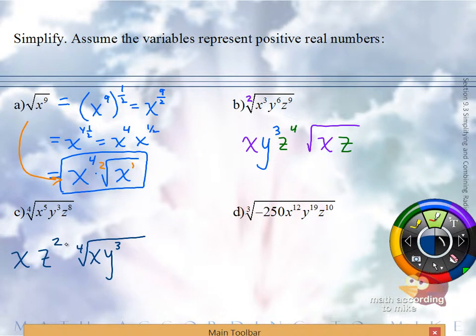How much is left over? None. Don't lose the 4 on the radical. It's still a 4th root. Well, it is a fraction because it would be 3/4. But since it's less than 1, you can write it as a radical.